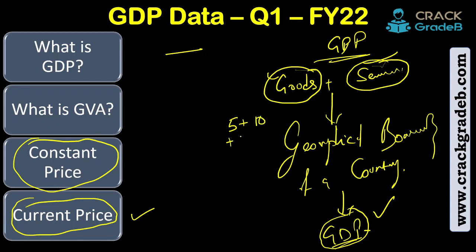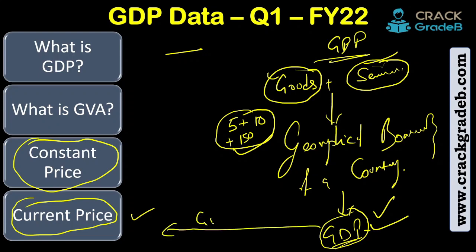Let's say a mobile recharge costs 150 rupees a month, we are calculating it as 150. So we are not making any changes with the base year. We are just adding the value of goods and services with the price prevailing in the market. So the value that we are going to get will be GDP at current market price.